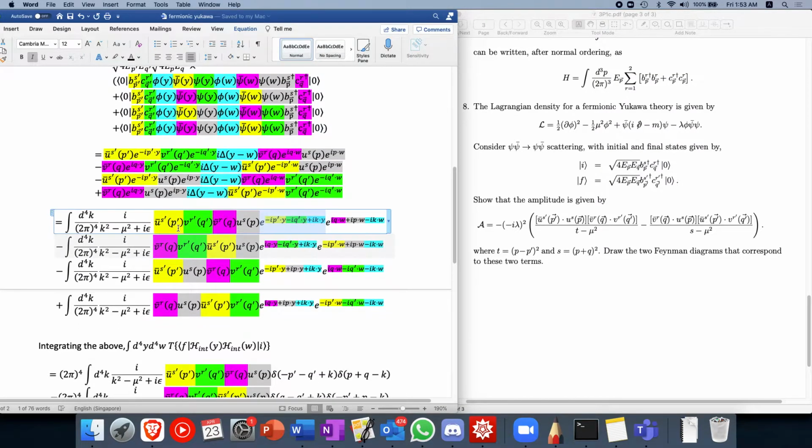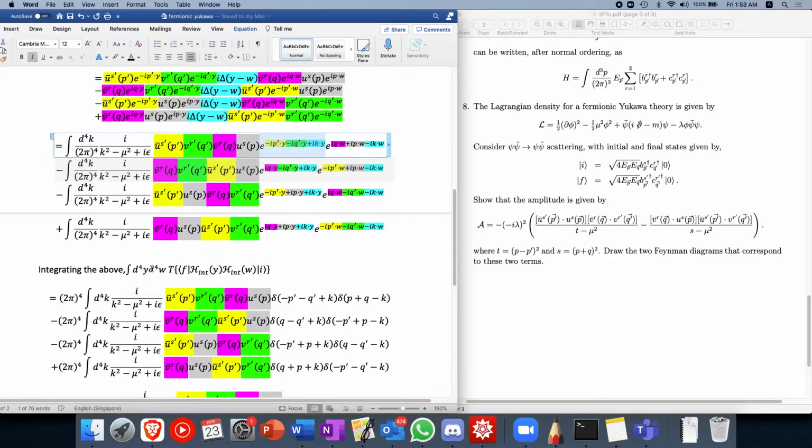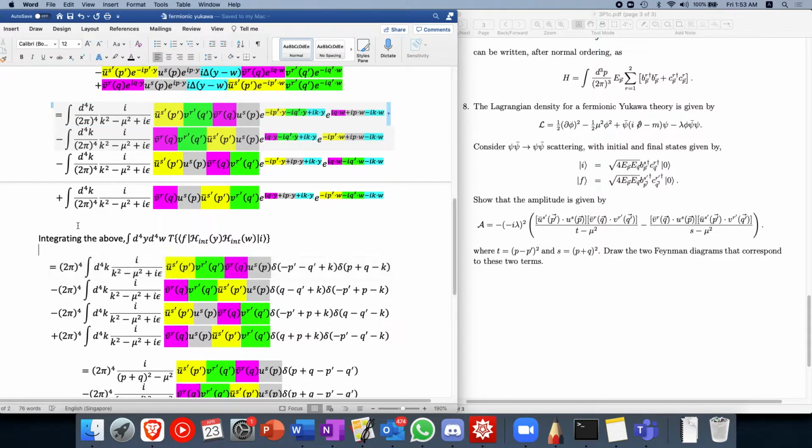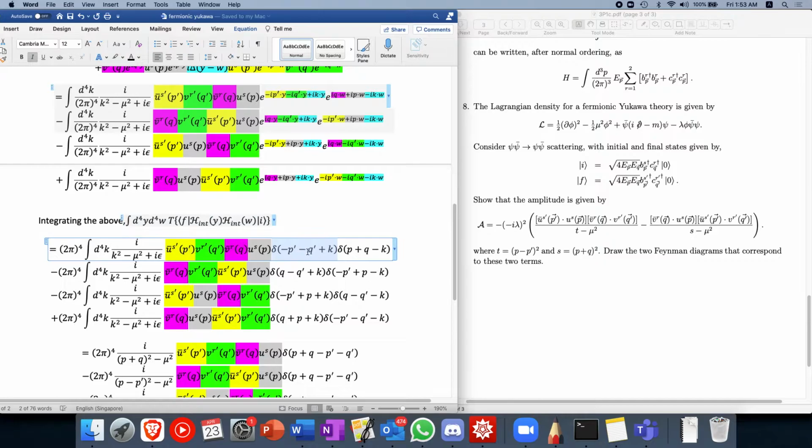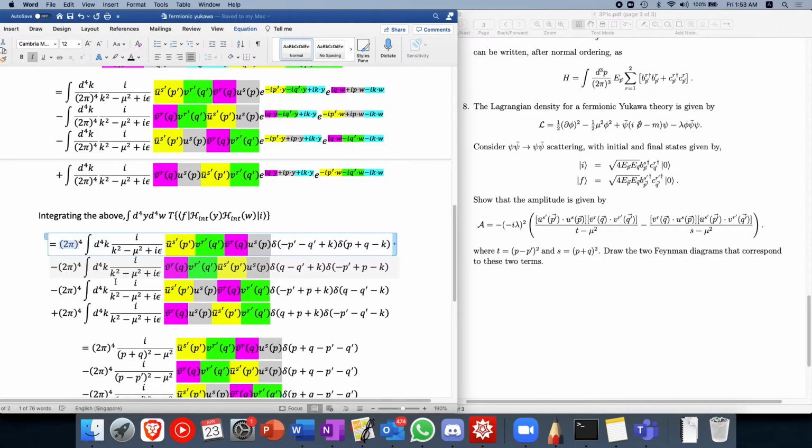Then we must integrate when we want to do the calculation for scattering. So we integrate over 4-position y and w, and we obtain Dirac delta functions, and that lets us collapse down the momentum. So we have this Dirac delta over here, and we pick up some constants as well.